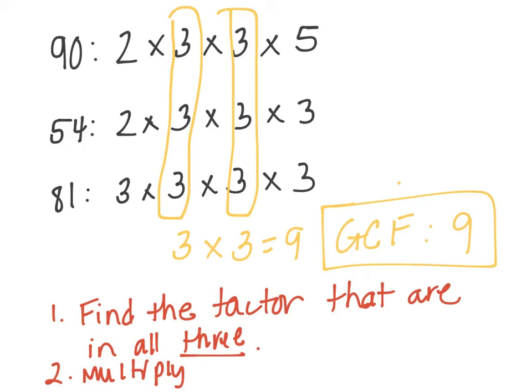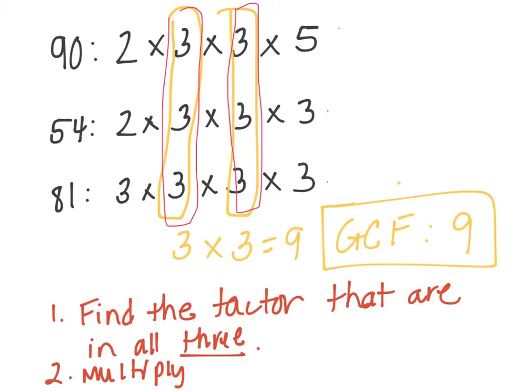Those are the only ones that are in all three prime factorizations. Even though there's a 3 here and a 3 here, there's not a third 3 up here by the 90, so we can't include that 3. So the most important thing is that you only pick the factors that are in all three prime factorizations.